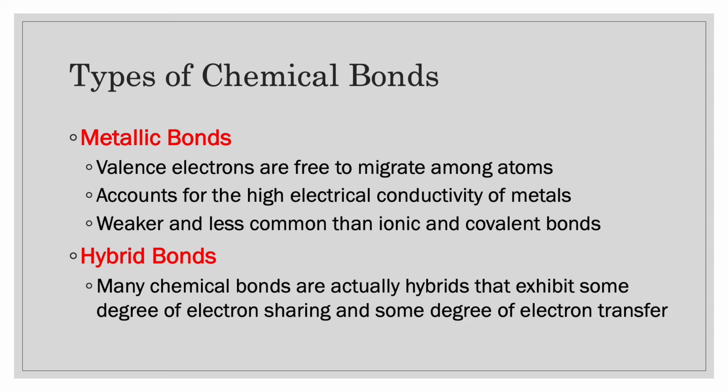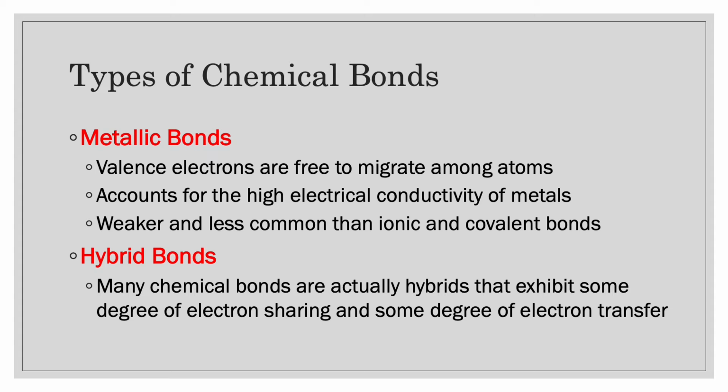And then, as I alluded to earlier, many chemical bonds actually exist as hybrids that exhibit some degree of electron sharing and some degree of electron transfer. Sharing being covalent bonding and transfer being ionic bonding or metallic bonding.